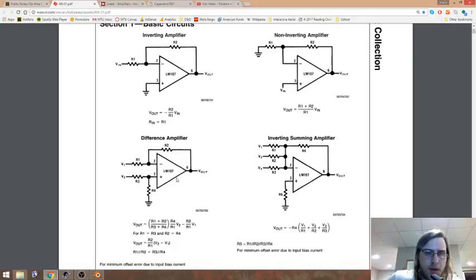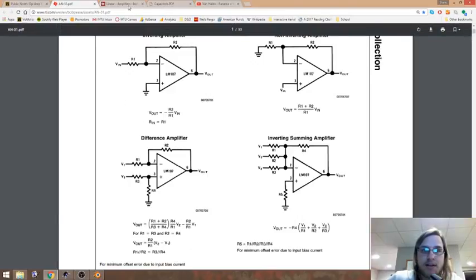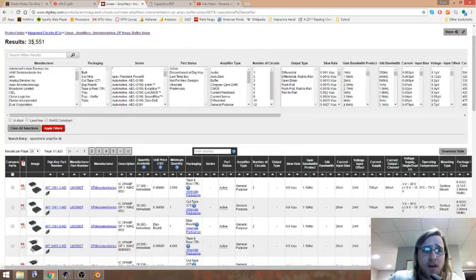Another thing you notice is that this is a complete schematic in essence, and it lists a part number for the op-amp. That's what this big triangle component is here. And when you actually go to look up op-amps on a site like DigiKey, you'll find that there's 35,000 results.